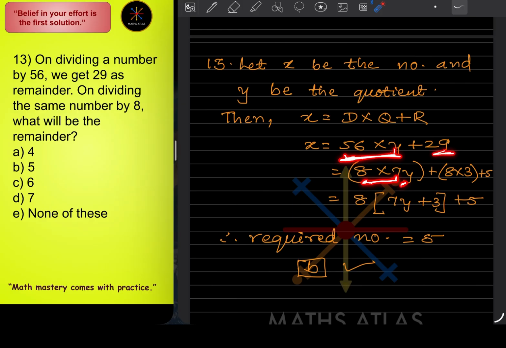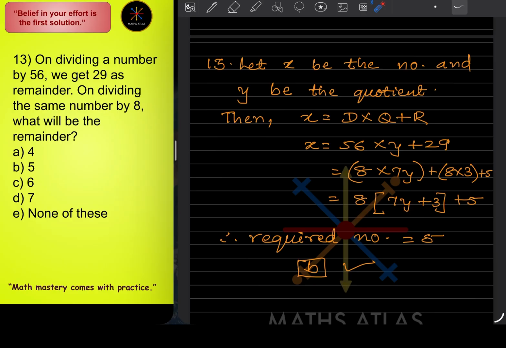For 29 again we can write 8 into 3, that is 24, plus 5. Here 8 will be common. So what remains is 7y and 3, and plus 5. So we can say 8 into (7y plus 3) plus 5.